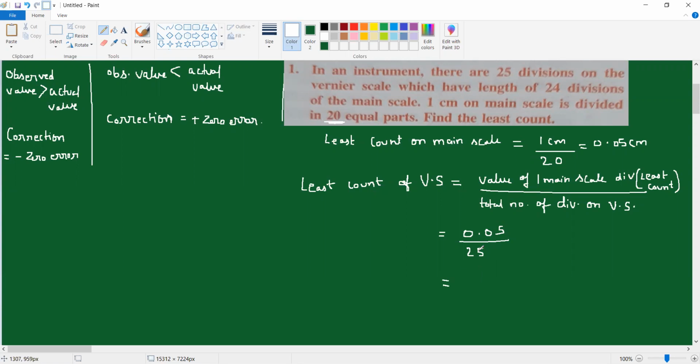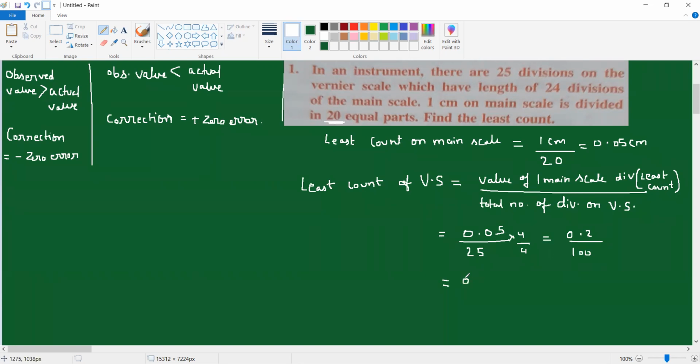I'll tell you a trick. Dividing by 25 is a bit tedious. So what we will do is multiply 4 in the numerator and denominator. It will become 4 fives are 20, so 0.2 divided by 100. Now it becomes easier.